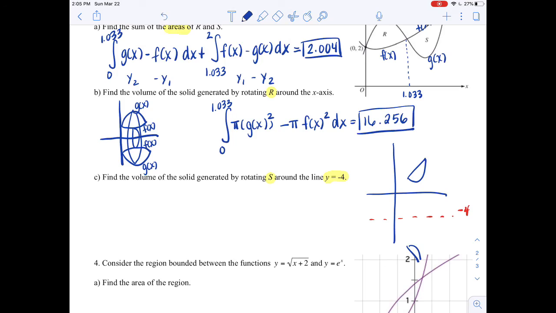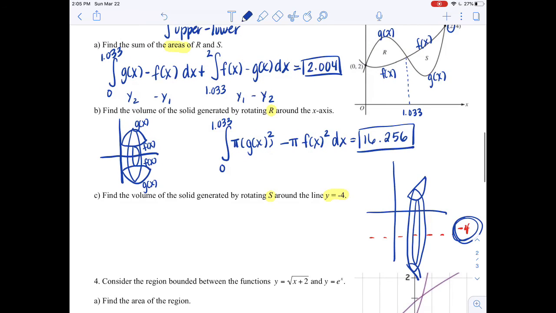Okay, so you have to think about how this is going to change each of these inner and outer radius. So normally the radius would have been something like here, right? That would have been what your normal washers would have looked like. But now you're extending so that your inside circle looks like this, and your outside circle looks like this. Each radius is getting bigger by 4, okay?